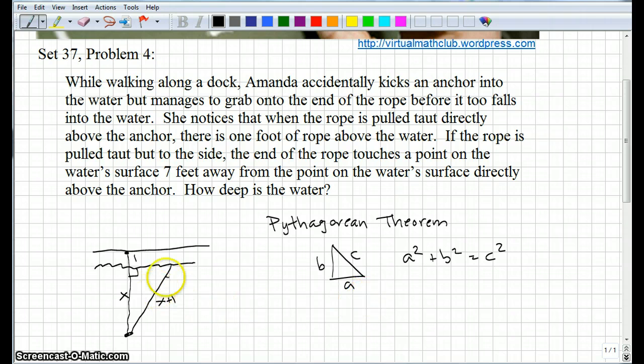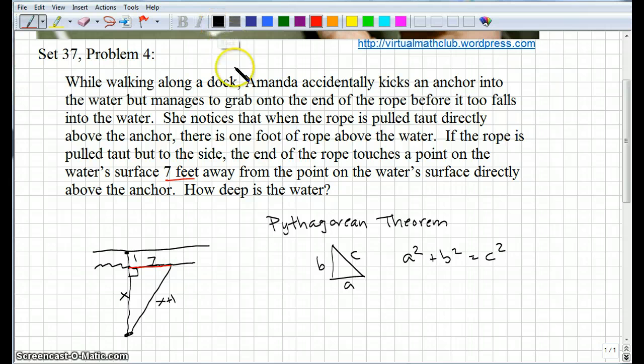So the legs in this case are, well, let's see. We know that this is 7 feet. Let me highlight that with a different color. So this distance here along the water is 7 feet because she pulled the rope over to the side 7 feet and the end of the rope touched the water over here.